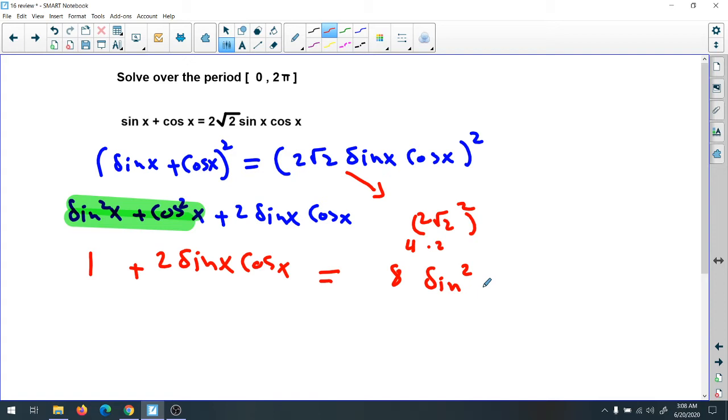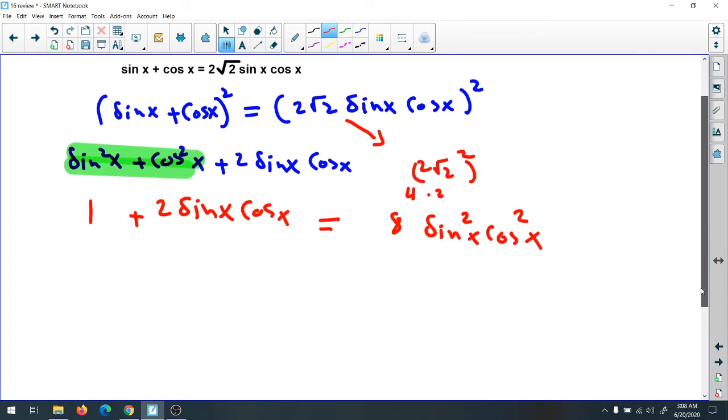And we square cosine, it will be cosine squared of x. So you see that we have 1 plus 2 sine x cosine x equals 8 sine squared cosine squared.